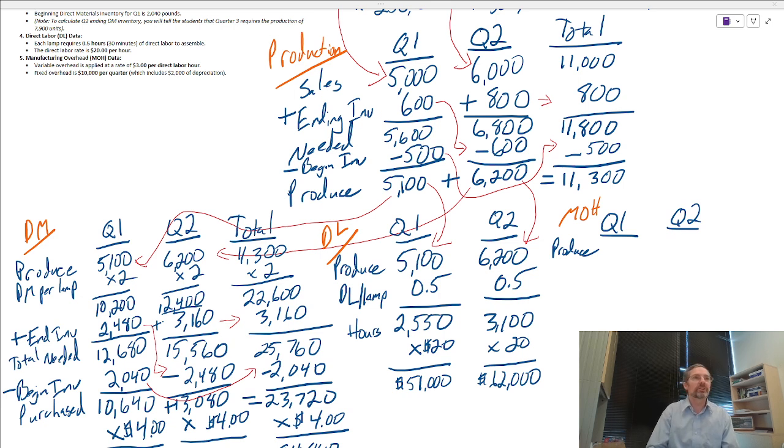So our variable overhead rate, which could be like electricity or something, is $3 per direct labor hour. Now, some companies do it on direct materials, some on direct labor. It just varies how they allocate the variable overhead. This company is doing it based on direct labor hours, so we're going to have to use the hours from our direct labor budget.